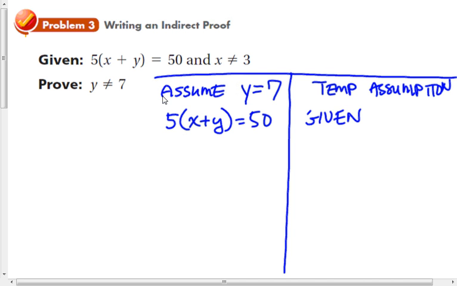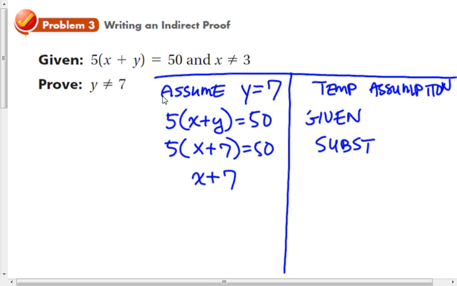And then we will substitute, and we get this. And we can divide both sides by 5, and we get x plus 7 equals 10. That's the division property of equality. And then subtracting 7 from both sides, we get x equals 3.